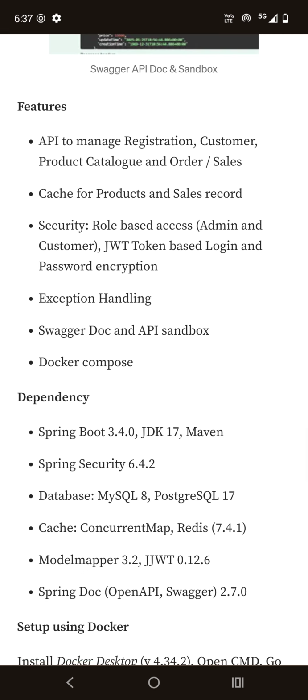Okay, actuators also, you will not enable all the actuators in production, right? Only a few endpoints will be enabled, and most of the time Swagger will be disabled in production code. They won't enable it.